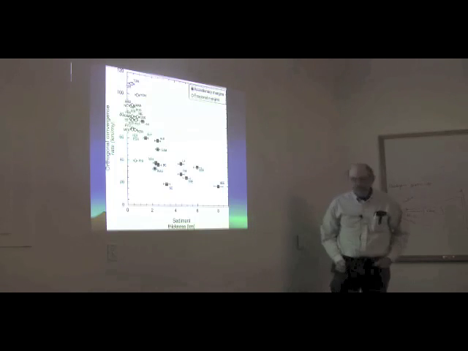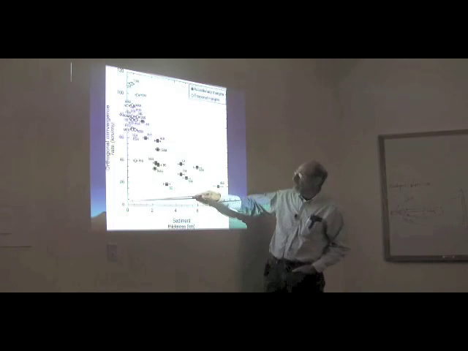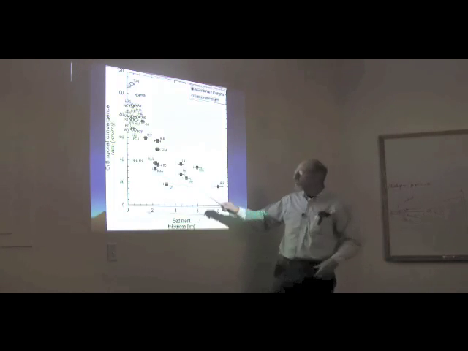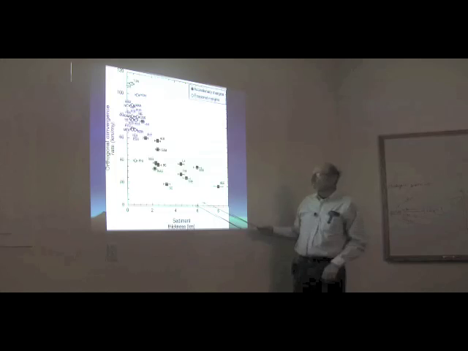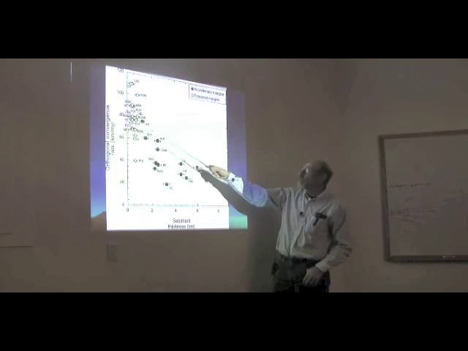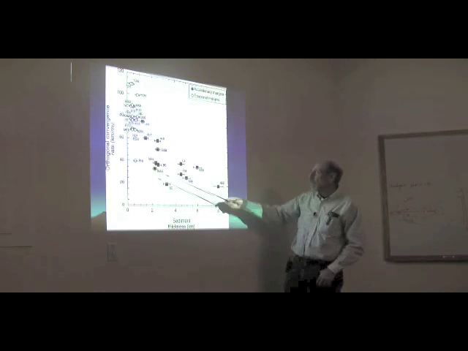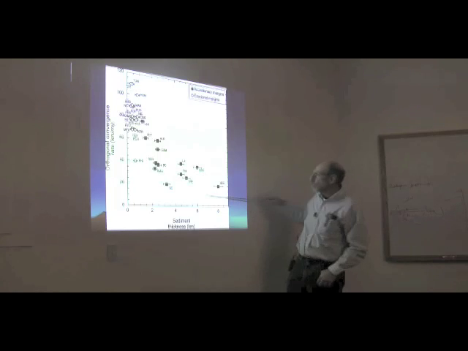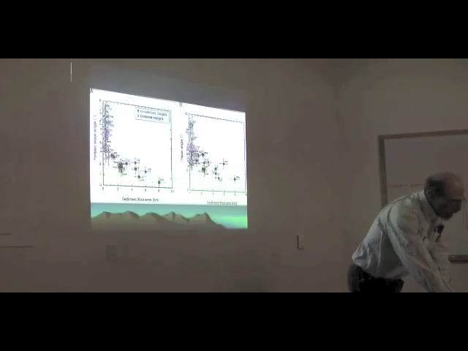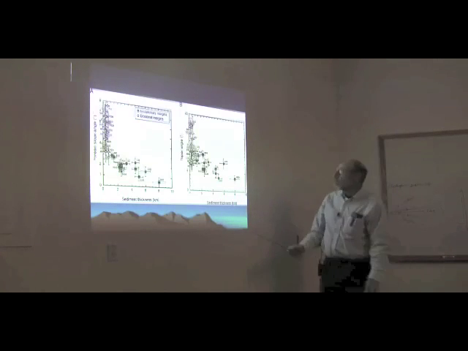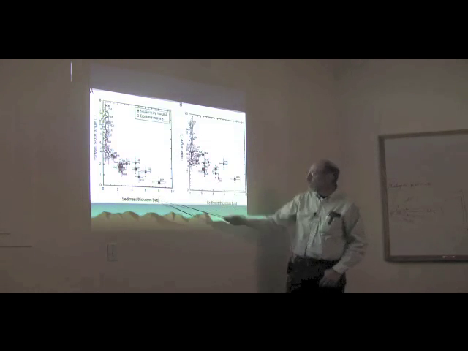And so here are some graphs showing the convergence rate in the subduction zone plotted against sediment thickness. Areas that have low sediment thickness and high convergence all tend to be erosional. Areas that have high sediment thickness and low convergence rate all tend to be accretionary. And that's something you might expect. Here's plotting that taper angle, or the forearc slope angle, versus sediment thickness.